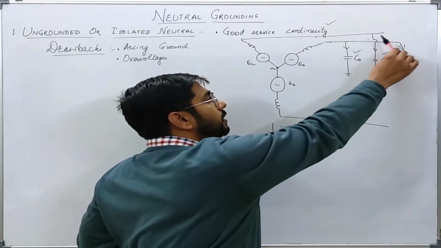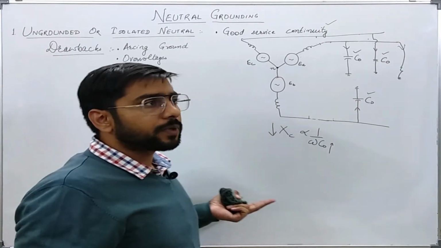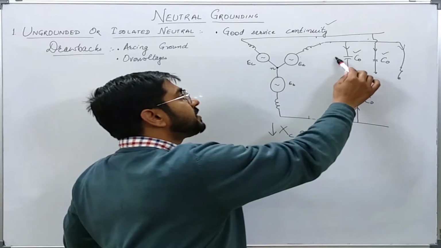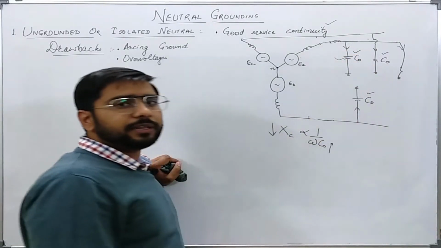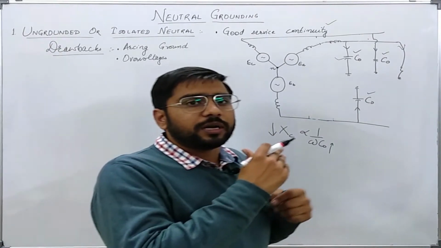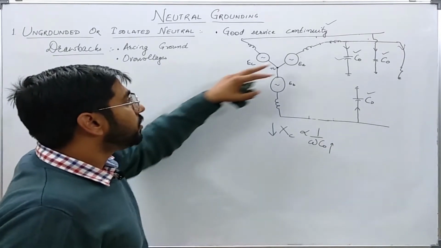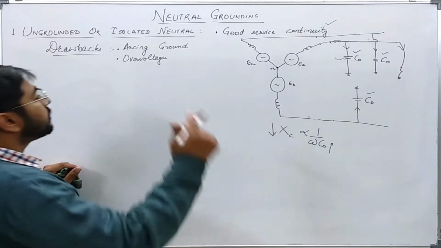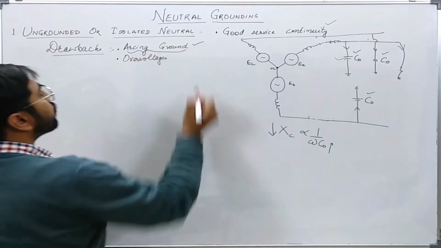So this current may continue to exist in the system, or these capacitances and the reactance of the lines may interact with each other, and that may lead to continuous sparking or arcing across the fault. This phenomenon is usually called arcing ground.